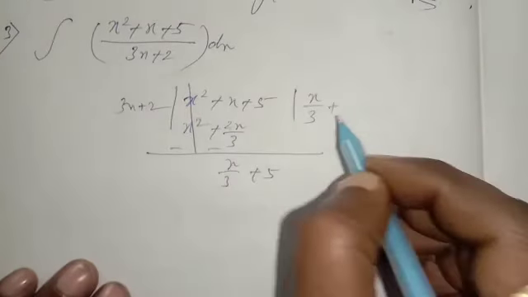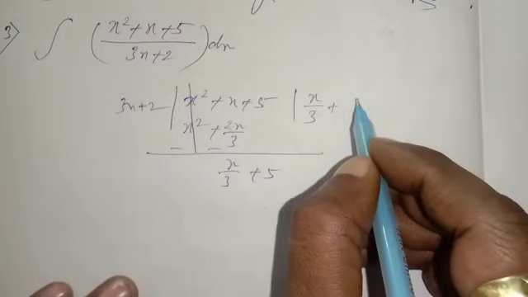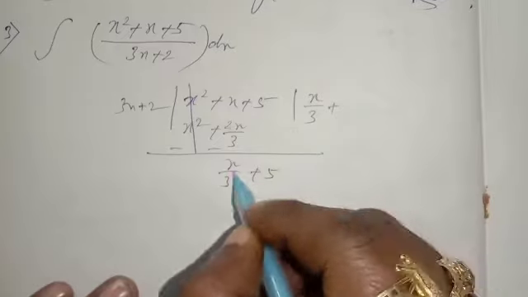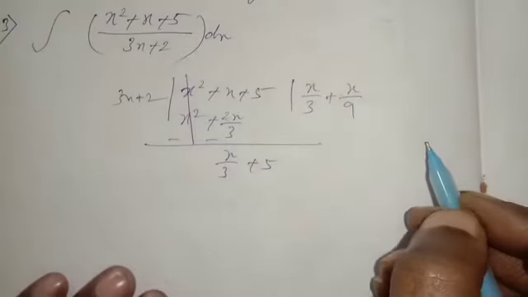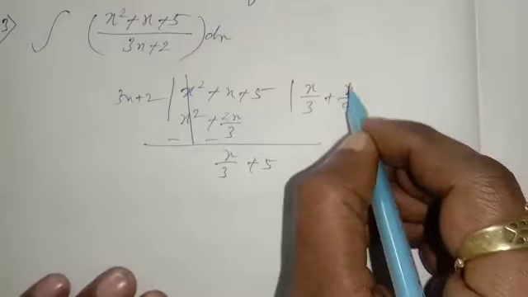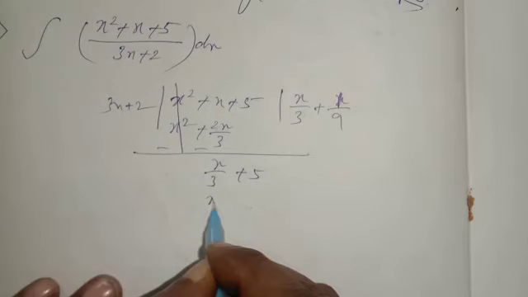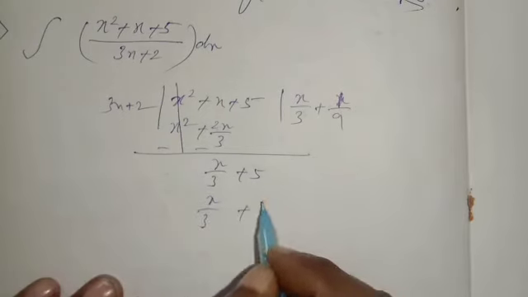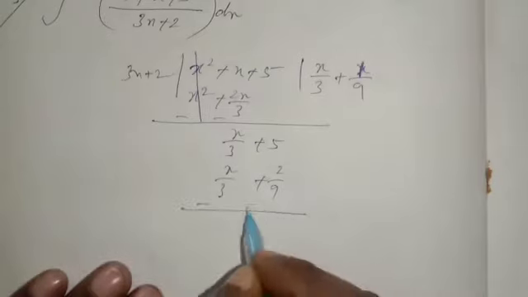Now how much do I have to write here? Write x by 9. If you multiply 1 by 9, 3x into 1 by 9 will be x by 3, plus 1 by 9 into 2, 2 by 9. Now subtract.